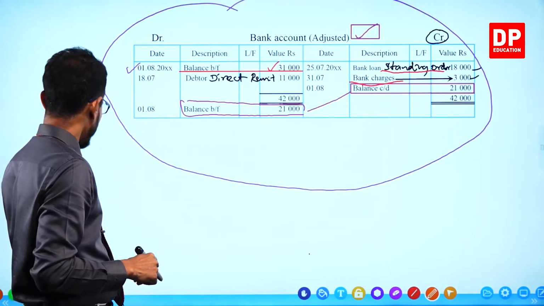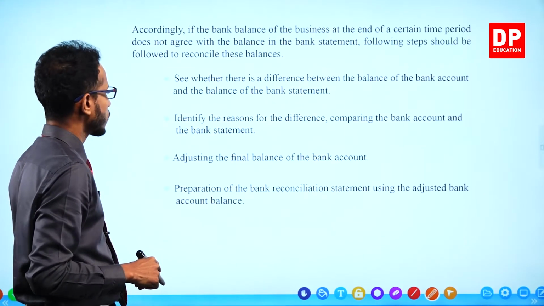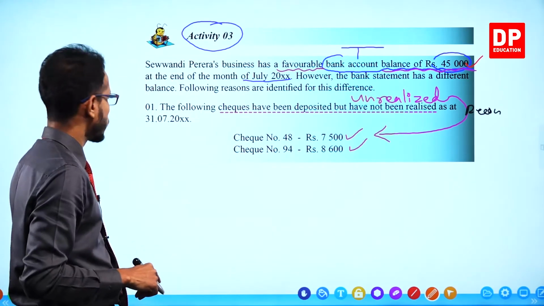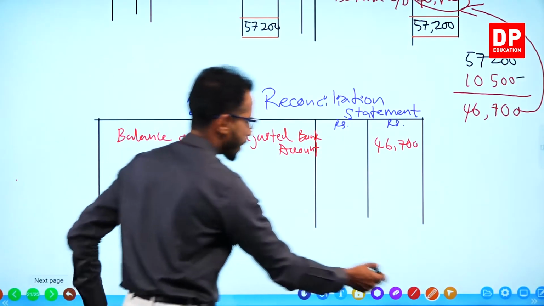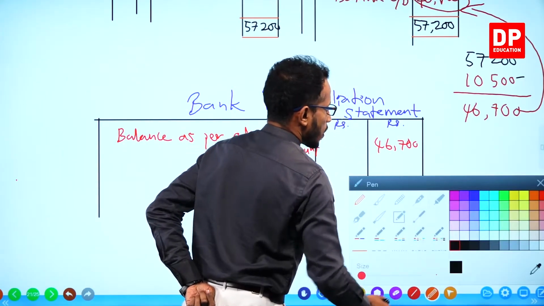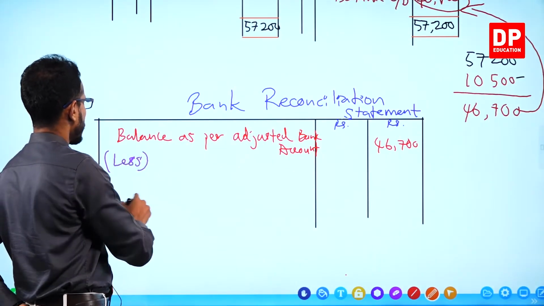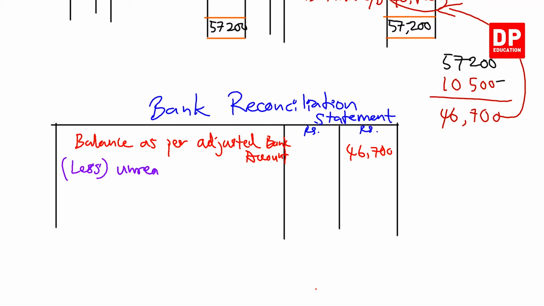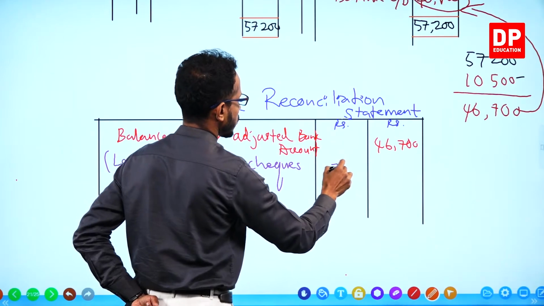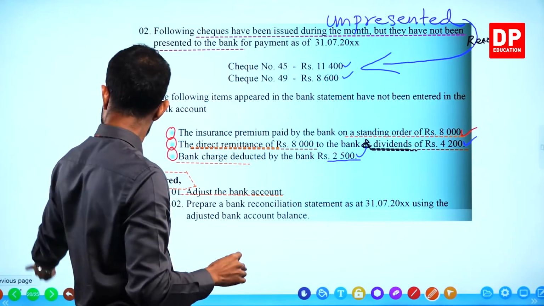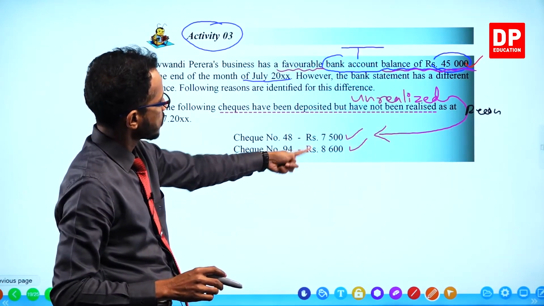Okay, let's subtract this 7,500 and 8,600 as unrealized checks. Less unrealized checks. 7,500, 8,600.